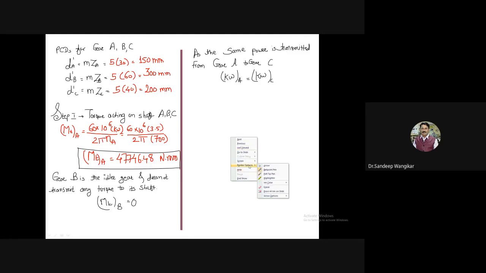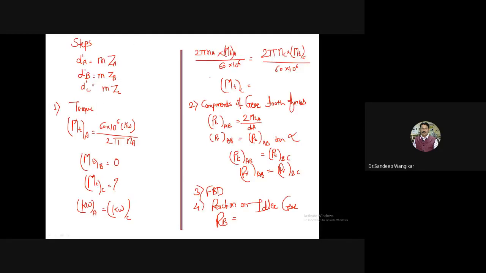So if you put the formulas that I have mentioned already in the first slide, 2 pi N A, and 2 pi, the 2 pi is the same and the 10 raised to 6 is the same.